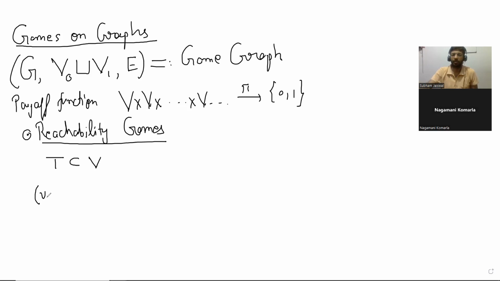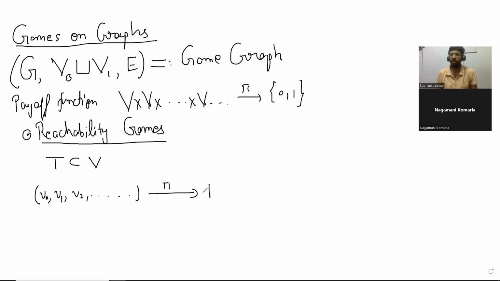Suppose that we run the game, and that gives us an infinite sequence. Now, when should this go to 1?